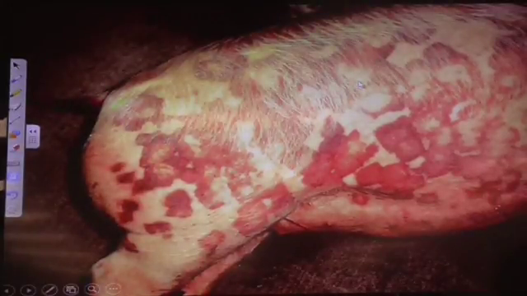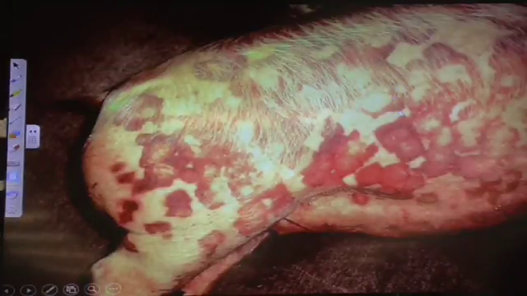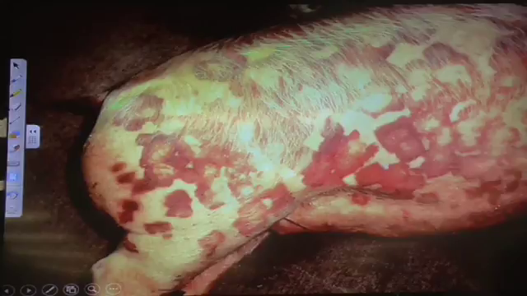Okay, what's this animal? Pig, all right. And what's that disease? Diamond skin disease. And you see these nice rhomboidal red areas here. What's the bacteria associated with this? Yeah, Erysipelothrix.